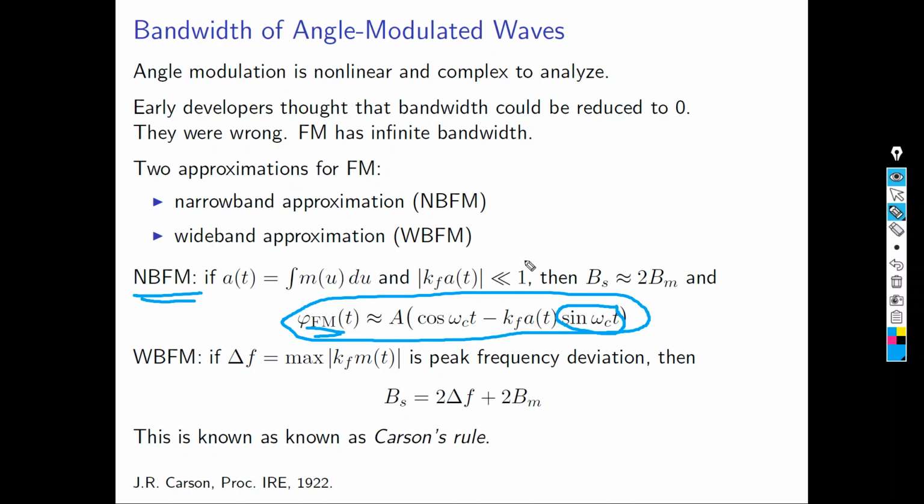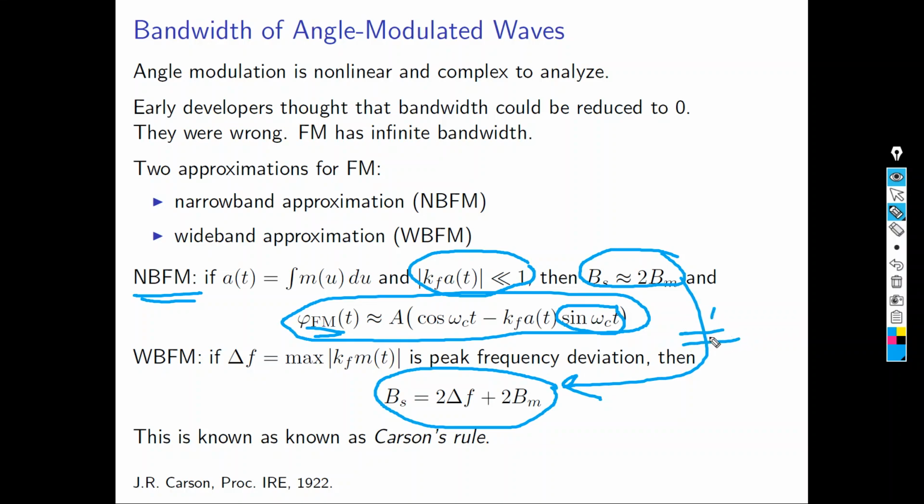These are the conditions: the magnitude of kf a of t is much smaller than 1. For wideband frequency modulation, the frequency deviation delta f is equal to the maximum amplitude of kf multiplied by m of t, and we call this the peak frequency deviation. In that case, the bandwidth is given by this formula. Compare this now to this.